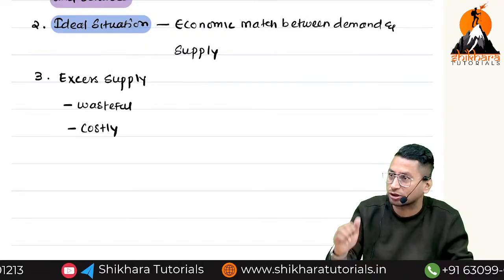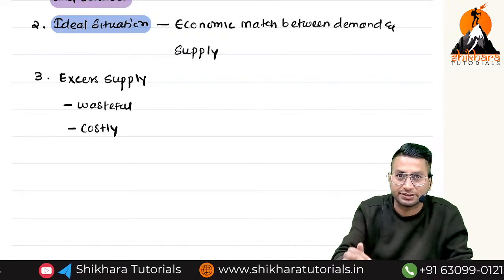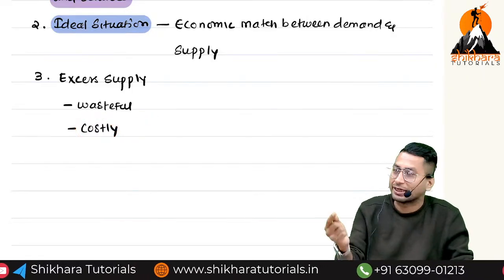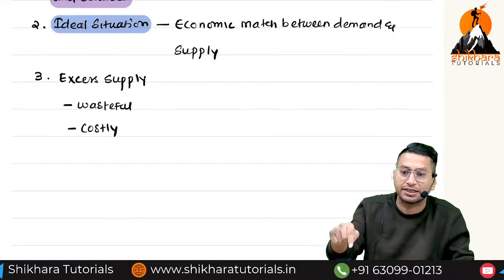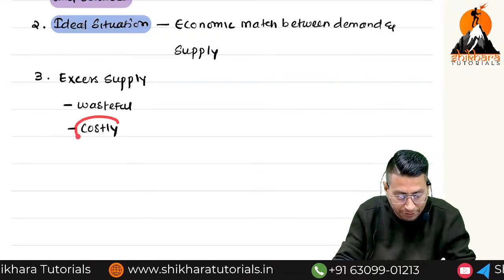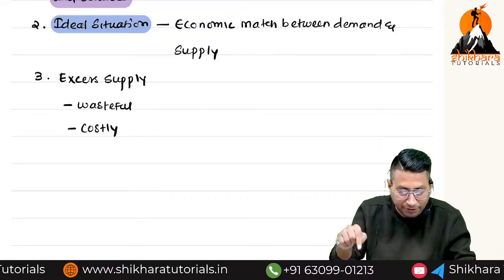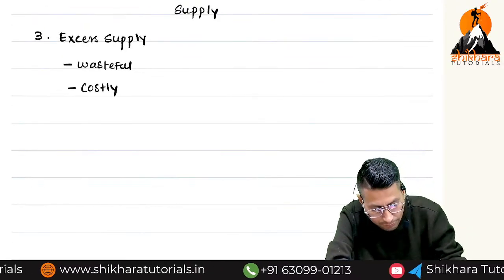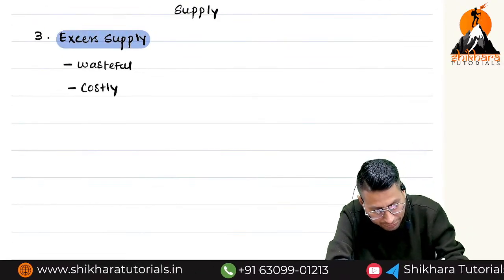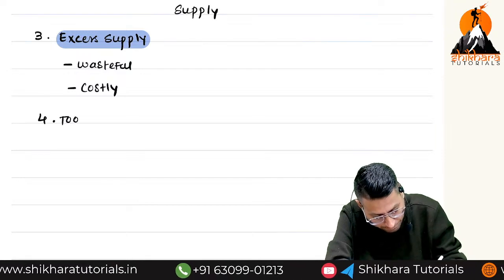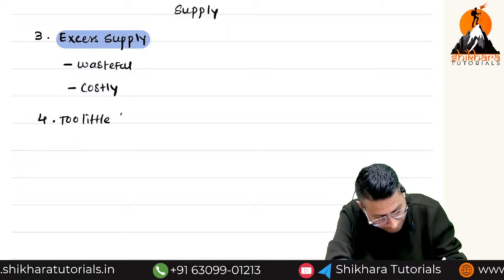How will you recover these losses? By increasing the price of the product, and automatically it will become costly. Especially in countries like India which are price sensitive, if it is costly, people will buy less.